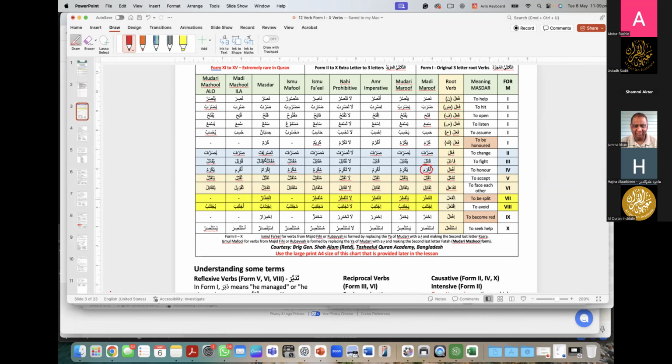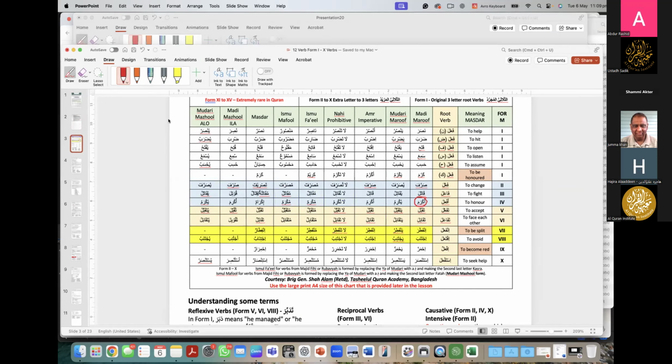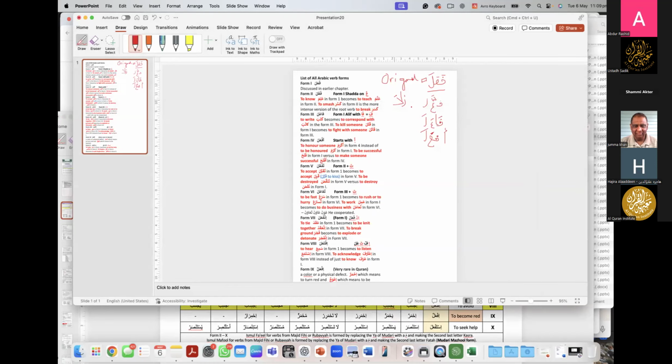And then where is the other one now? Yes. So af'ala, Hamza came, okay? And then fa with sukun. Yeah, this is a common pattern, remember. For example, fa'ala is the main.